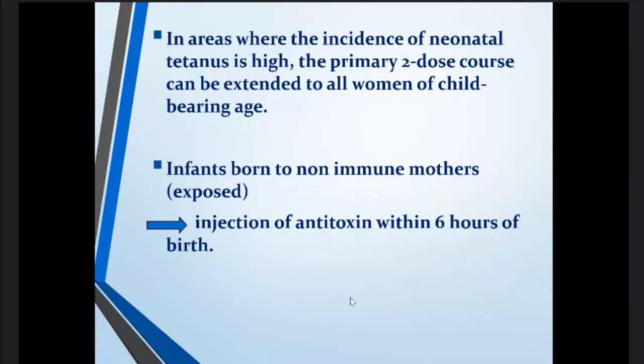Also, tetanus toxoid is given during pregnancy in our country as part of antenatal care, usually at the 4th and 5th months of pregnancy. Then, of course, further doses are given, usually 5 doses for non-immune mothers to be immune for life.